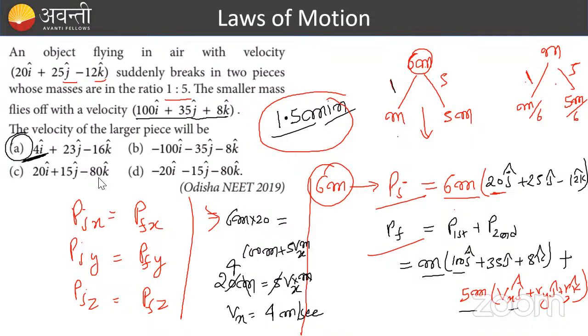और सबके लिए solve करने की भी जरूरत नहीं है. Here you are done, right? So the correct answer will be what? A. This is how we deal with momentum in different directions if it is given, right? Anyone, any doubt? किसी को कोई doubt है?